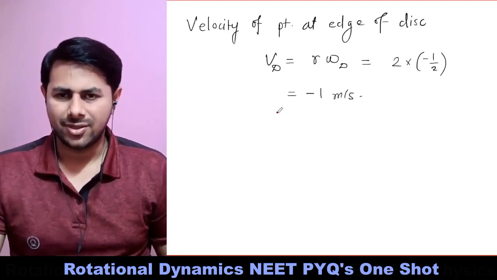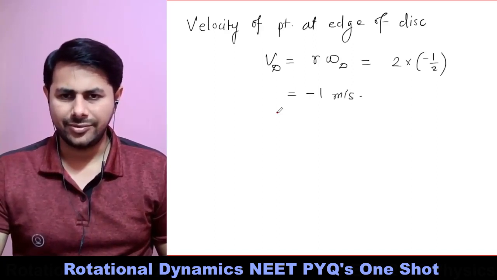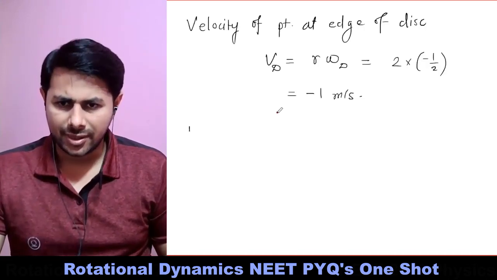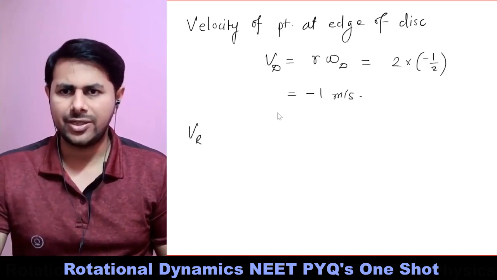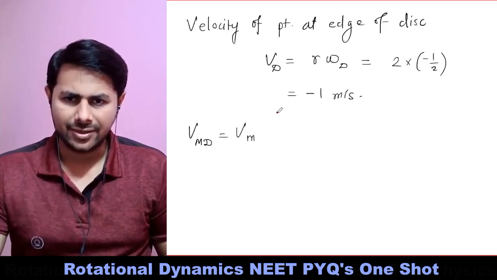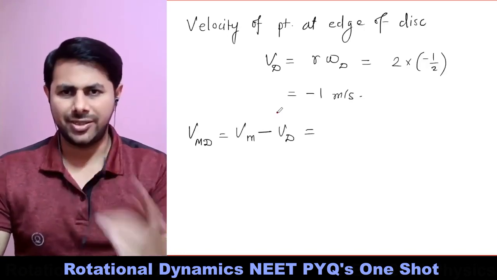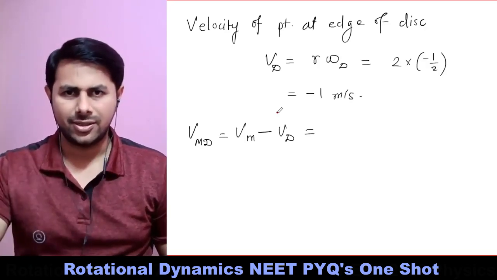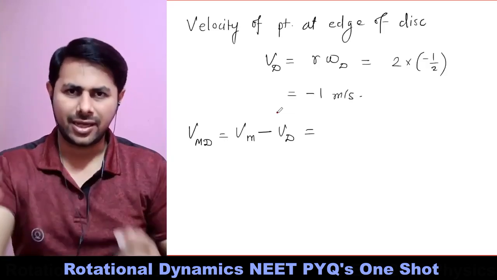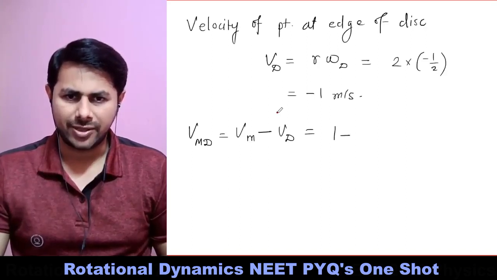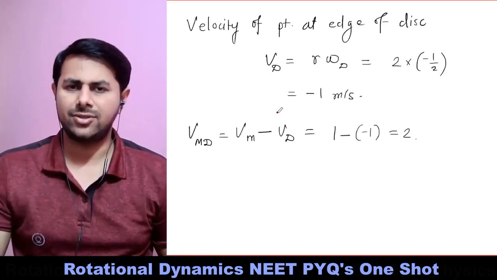Now the relative velocity of man with respect to the disk is velocity of man minus velocity of edge of the disk, because man is moving on the circumference only. So circumferential points of the disk are coming towards man. So it is 1 minus this minus 1, or you can say it is 2.